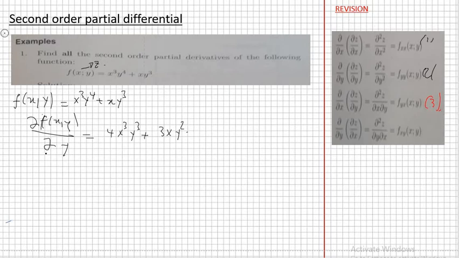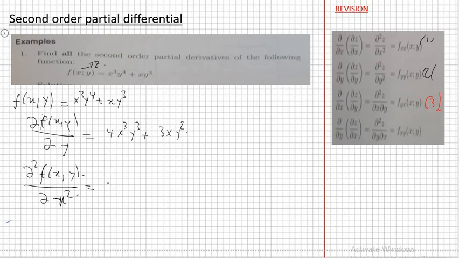So what's going to be the second derivative? I just need to derive the function that I've got. So we have the second derivative of the function f of x y with respect to y and then with respect to x.